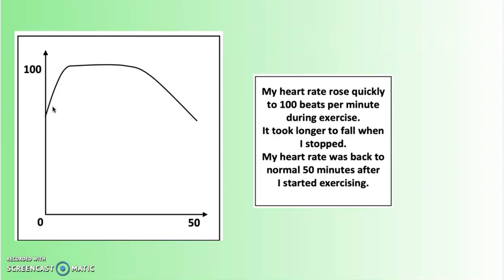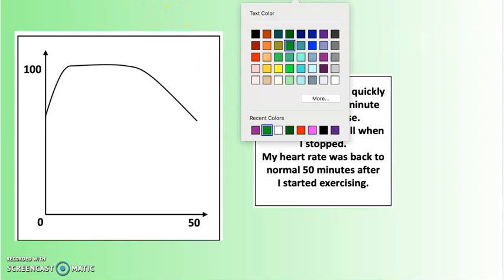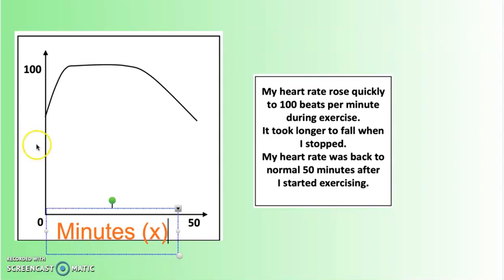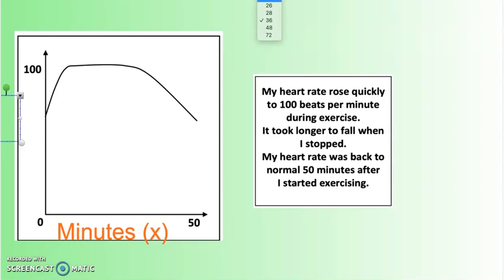So what could I have for the x-axis? What could that represent? In this case, it was minutes, and that's my x. And my y-axis, we said it's beats. How many beats per minute? And so that's my y.